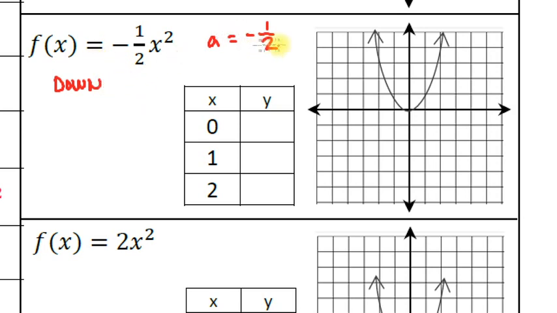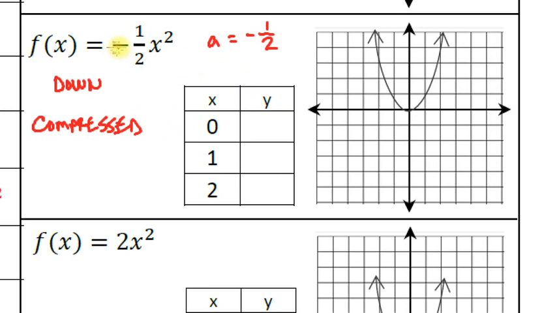And since A is between 0 and -1, it's going to be compressed. It's a fractional value between 1 and 0, or in this case, between -1 and 0. That means it's going to be compressed.